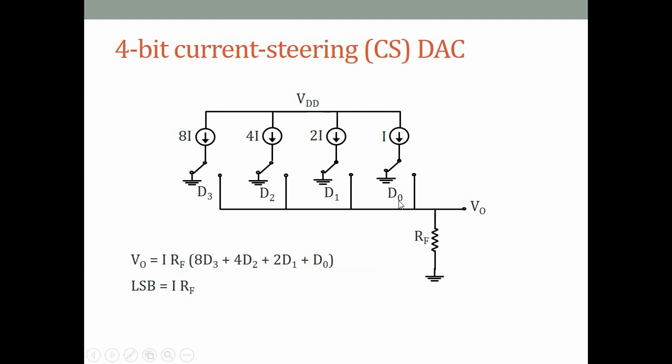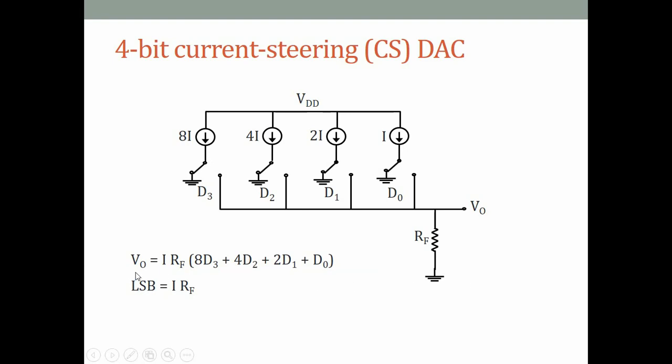So if D0 is 0, that switch is connected to ground. If D0 is 1, it is connected to the output node of the DAC. So this is the analog output of the DAC. And so if D0 is 1, that I flows through some load resistance and creates a voltage. If D1 is 1, then 2I flows, D2 is 1, 4I flows, D3 is 1, 8I flows.